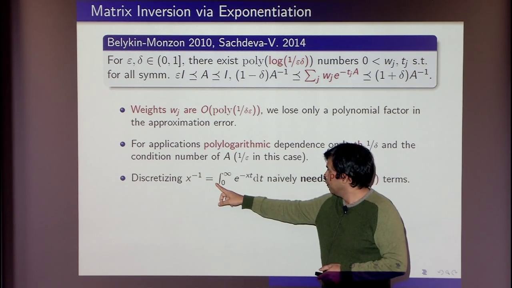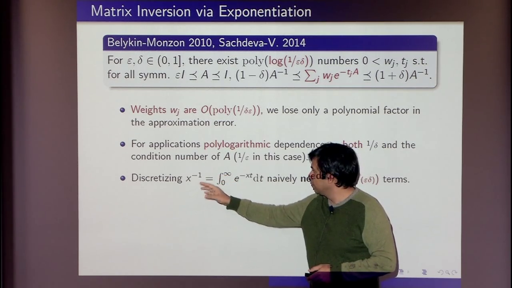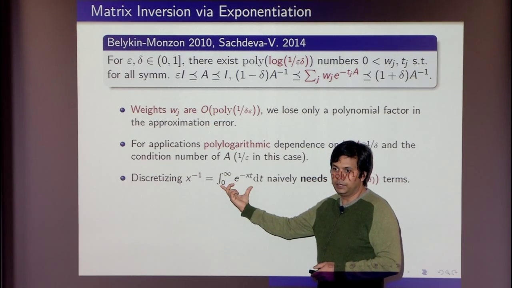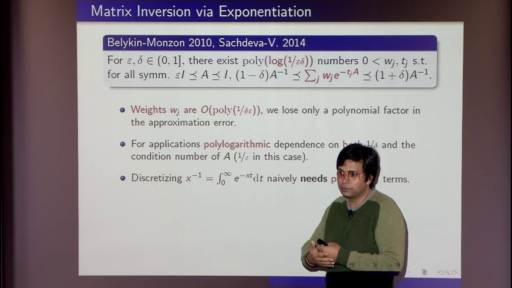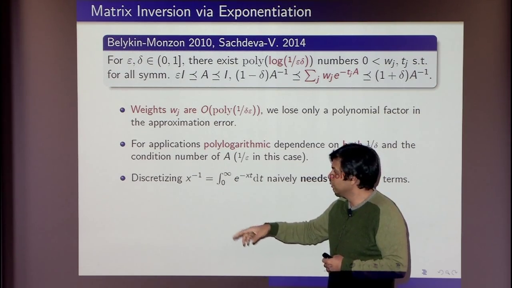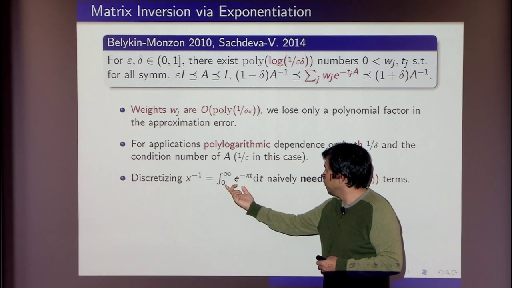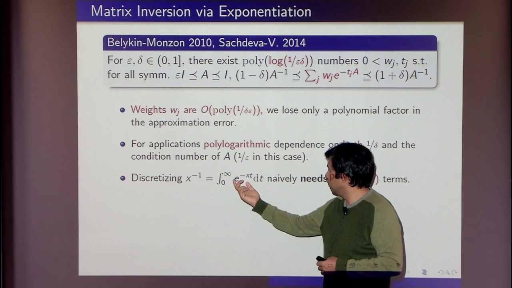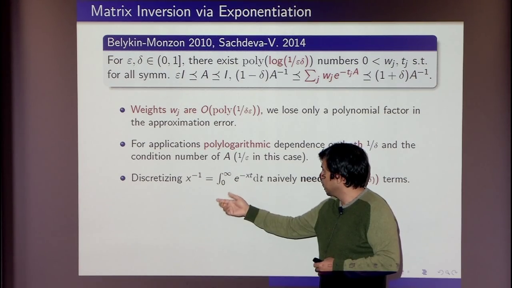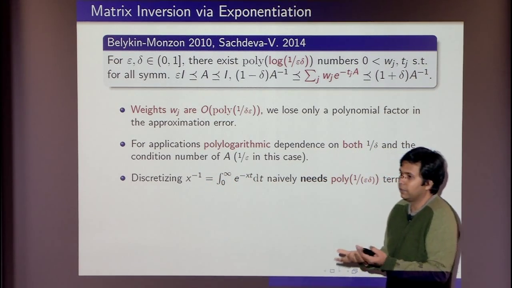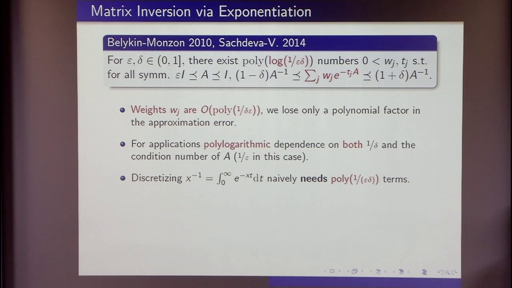And our hope would be that if somehow we could discretize this integral, this is an integral after all, an integral is nothing but a limit of some summations, right? The symbol is just a limit. So you could imagine that if you're allowed to discretize this thing, then you could just plug in the matrix and get a spectral approximation to A inverse using these things.